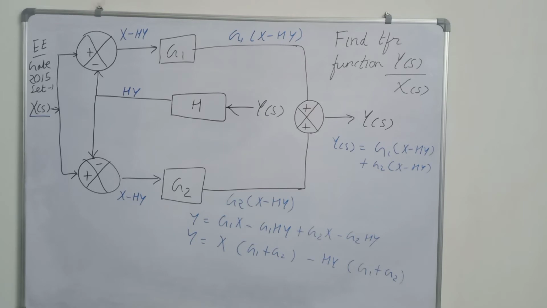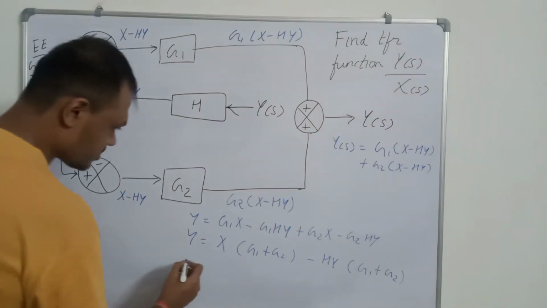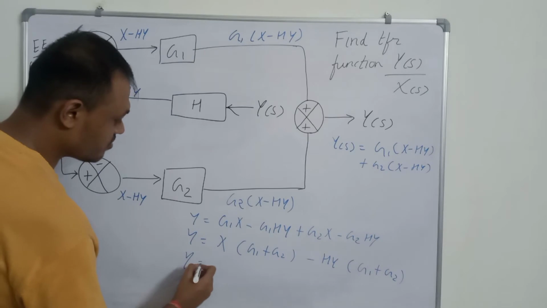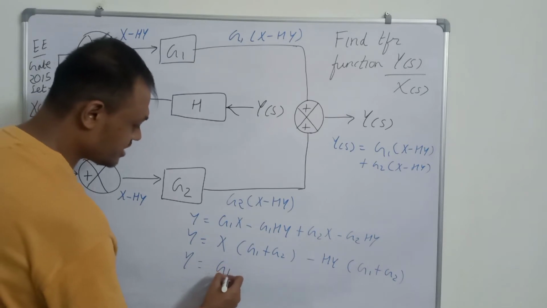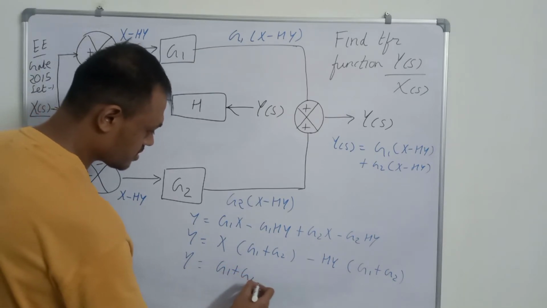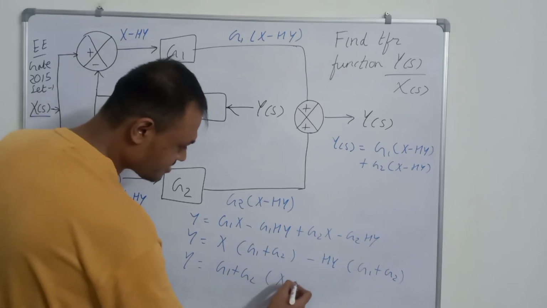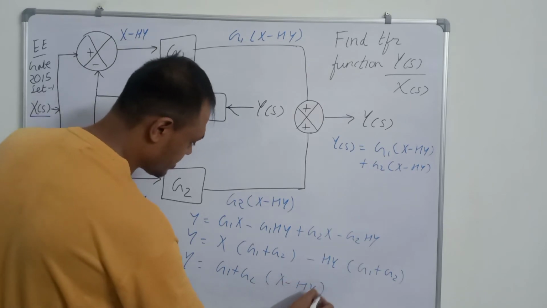This will be the value of Y. So we can take G1 plus G2 common.